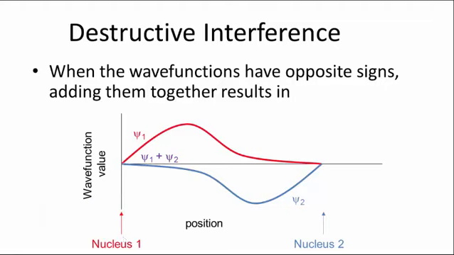Well, I'd start out on the left, it's going to look a lot like psi 1, but then psi 2 is going to start subtracting from psi 1. And so this is going to end up below psi 1, and then at some point right in the middle, they completely cancel each other out.